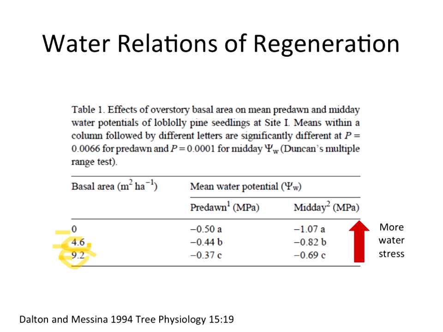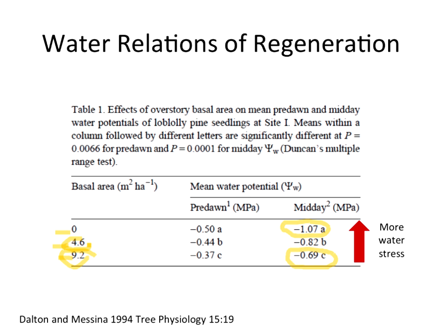And what you can see is that seedlings regenerated in the understory of those different cuts had varying levels of water stress. So these are measures of water potential where more negative values indicate more water stress. And what you can see is that the clear cut was the most stressful. It had the most negative values of water stress, whereas the greater overstory retention had lower levels of water stress.